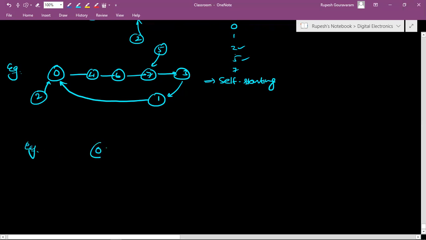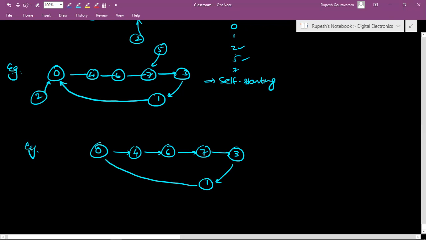So suppose there is 0, then 4, then 6, then 7, then 3. Then from 3 it is 1, from 1 it is 0. So when 2 occurs, let it goes to 5, and 5 goes to 3.